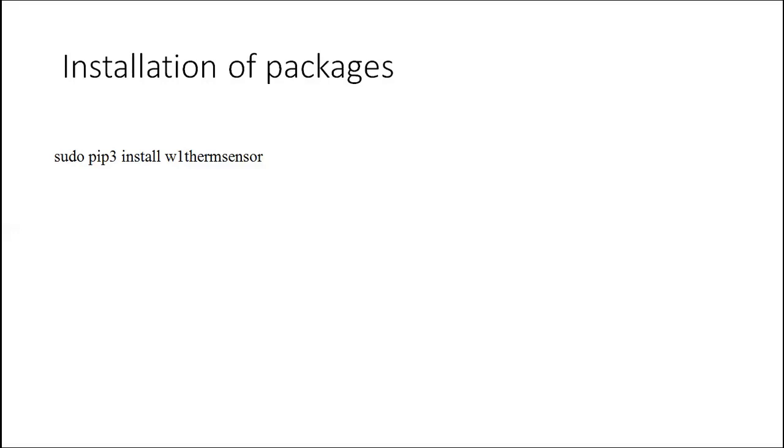So you have to install the temperature sensor package. W1 ThermSensor is a package used for that temperature sensor. W1 means one wire protocol. So you install it using the sudo command, sudo pip install, and your package will be installed.